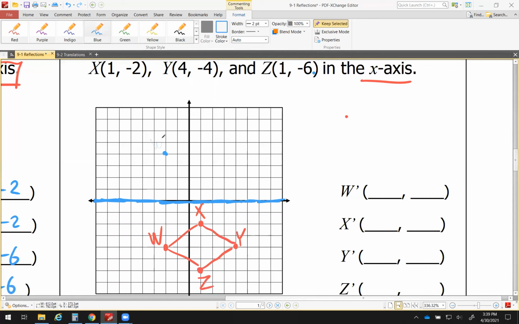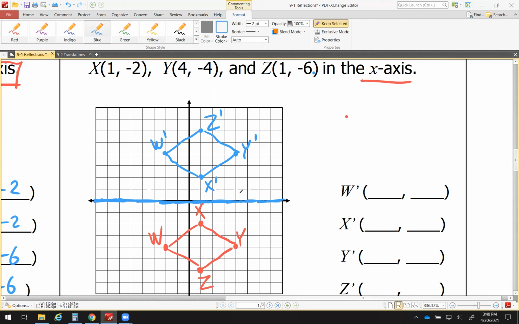I need to write W prime. X is 2 units away. So X prime will be 2 units away. Y is 4 units away. So Y prime will be 4 units away, and Z prime will be 6 units away because Z is 6 units away from the x-axis. And so here is our new reflected rhombus.